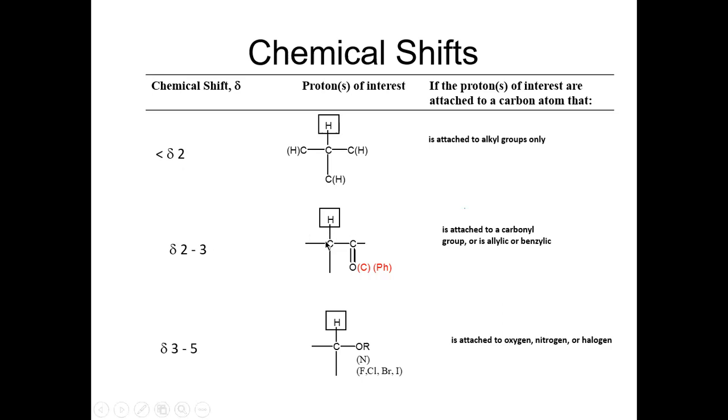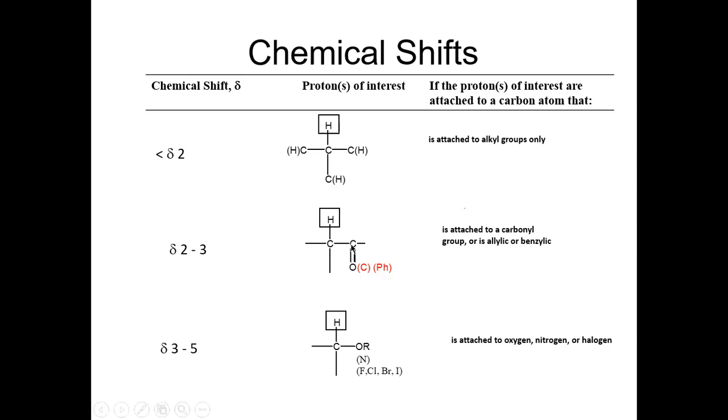The minute you stick an sp2 hybridized atom next to that set of protons, it de-shields it. Because remember, for hybridization, sp2 is a little bit more electronegative than sp3, and then sp is more electronegative than sp2, because as the percent s character increases on a hybridized carbon, so does its electronegativity.